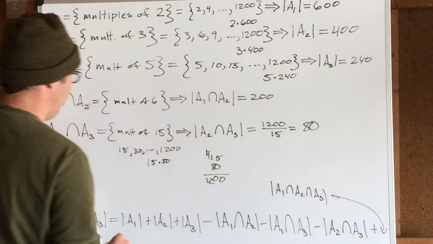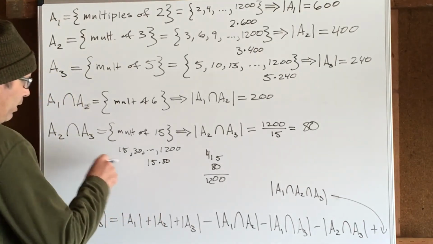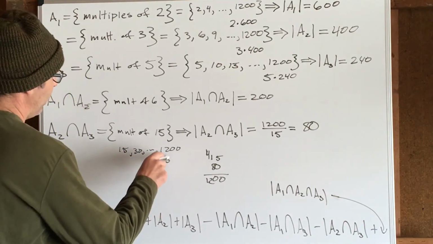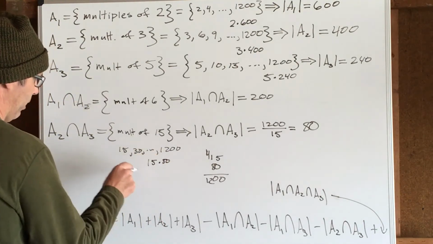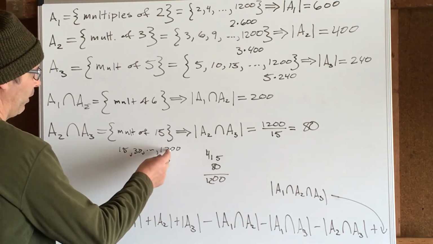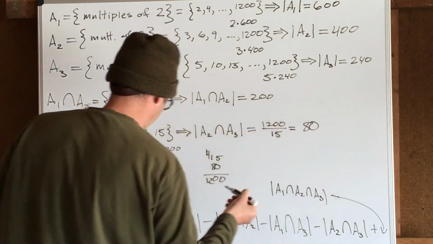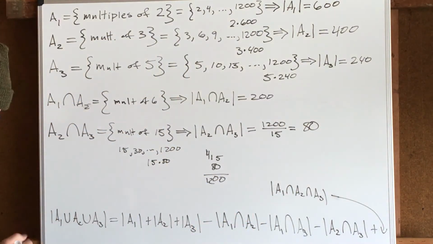Yeah, so I did that right. So you've got 15 times 1, 15 times 2, all the way up to 15 times 80. So how many of those do you have? You have 80 of them. 1,200 over 15 gives you the 80. So you can see how to do this.